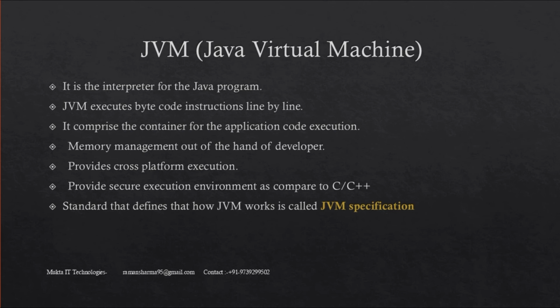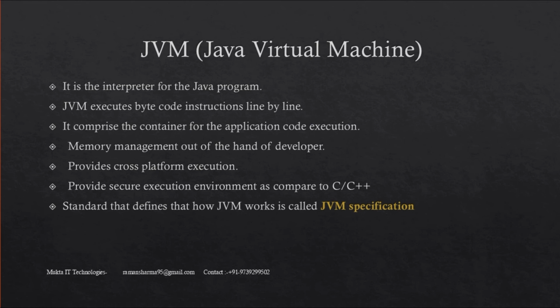The code is first converted into bytecode, then the JVM executes it, and the bytecode is converted into machine code by the JVM. We call it a virtual machine because it behaves like one, but this virtual machine is only for the Java application.